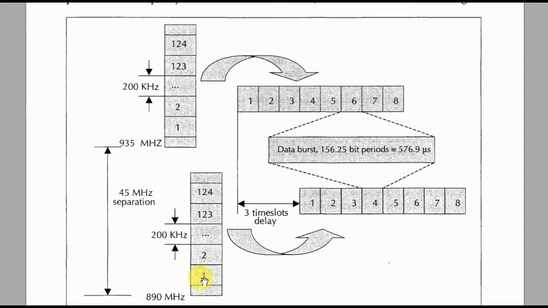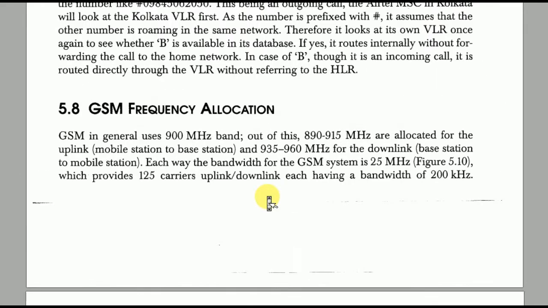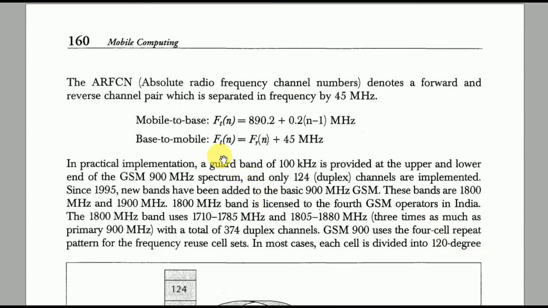We have two equations for the uplink and downlink frequencies, that is mobile to base and base to mobile. We use these two equations to find the frequency. For mobile to base the equation is Ft of n, where n is the ARFCN number or channel number. The value of n may be 1, 2, etc., up to 124.